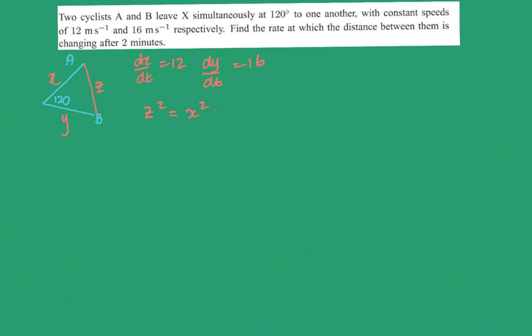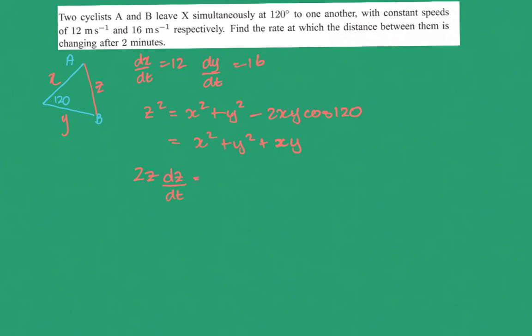Okay, so equation using the cosine rule. Just simplify that down. xy. Okay, now because we want dz/dt, we're going to differentiate with respect to t.